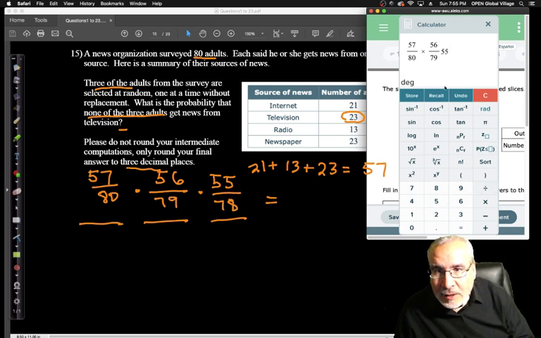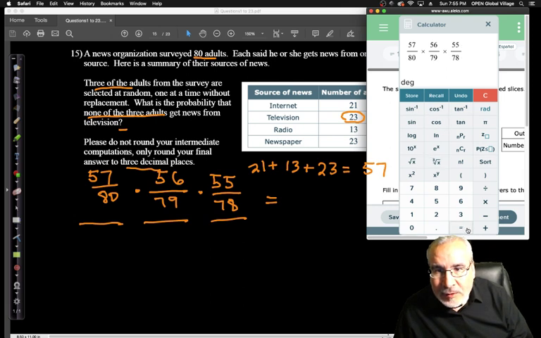So if you do things right, pay attention. Here we are. We need to multiply 55 divided by 78. Okay. Multiply all those together.